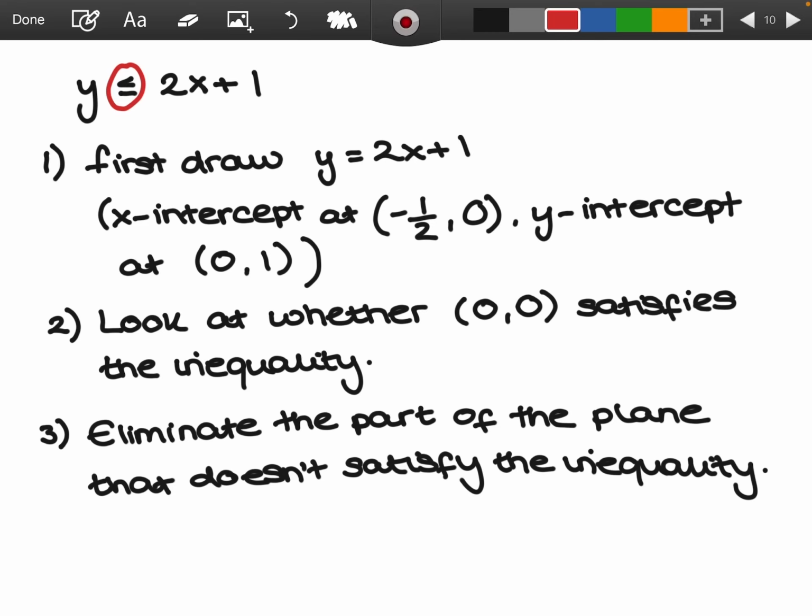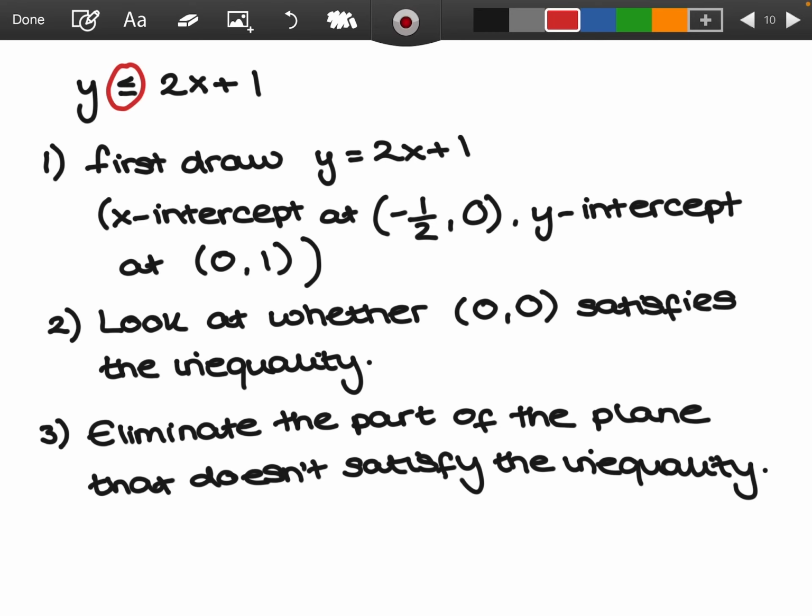Next, you need to look at where y is less than 2x plus 1. So let's look at the other part of that inequality. We've looked at the equals part, let's look at the less than part. What I would always recommend doing is to look at whether the origin (0, 0) satisfies your inequality.